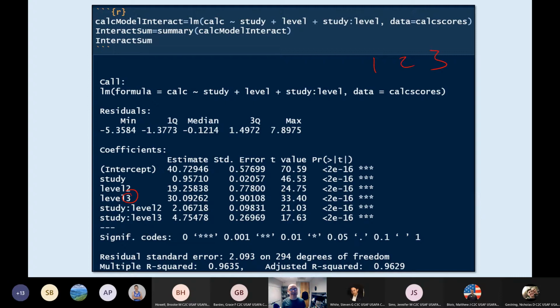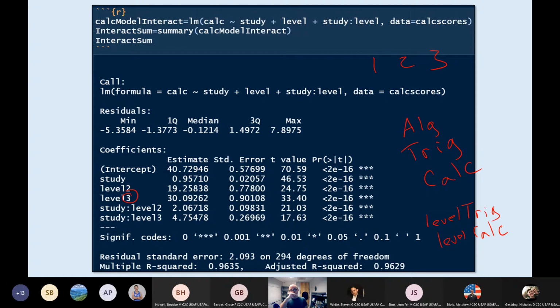If instead I had said the levels were equal to ALG for algebra, TRIG for trig, and CALC for calc, then down there we'd still only have 2, something like level trig and level calc, and your answer would still be that there are 3 possible values. You just don't know that the one that's not there is algebra, but you know that there's a reference level that's missing.